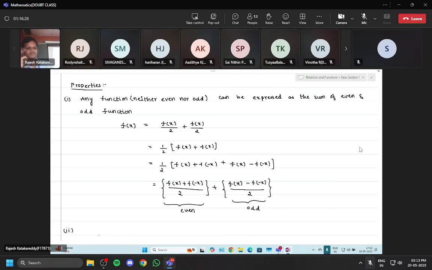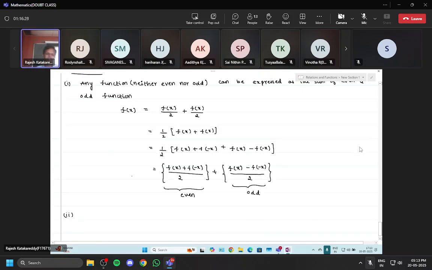Second property. Even functions are symmetric about x is equal to 0, that is the y axis.